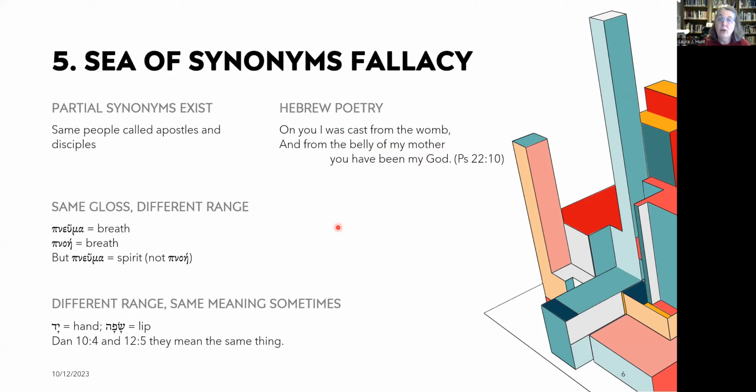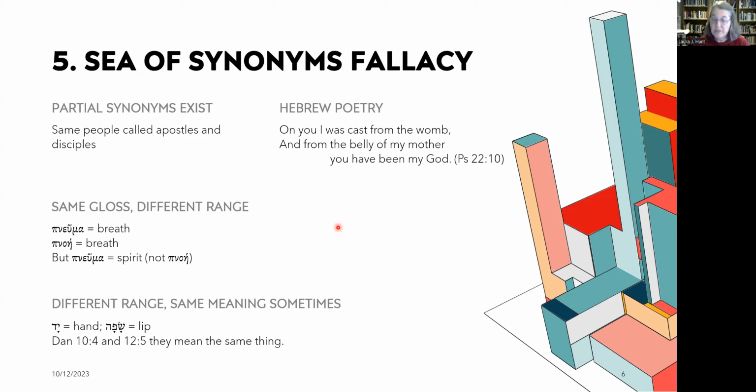Now, you have to be careful, because on the one hand, it's a fallacy to take two words that are almost the same but not quite, that are used in parallel like that, and argue in great detail for differences in meaning, because usually Hebrew poetry is making parallels and treating the words as synonyms, even if they're not exactly synonyms.